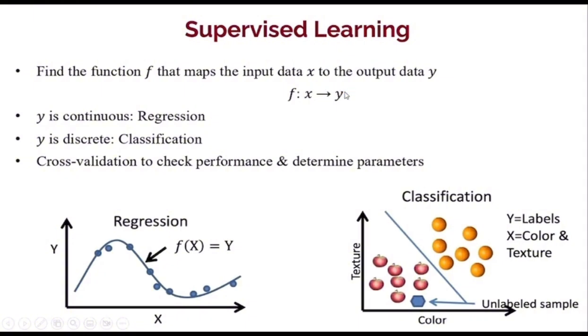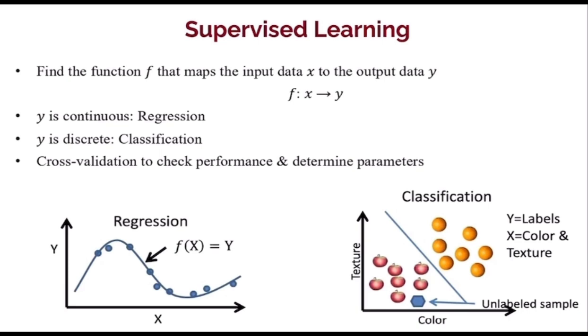The goal is to look at the relationship that exists between X and Y, so that we can explain or make predictions. Supervised algorithms include linear regression, logistic regression, support vector machines, neural networks, and so on.